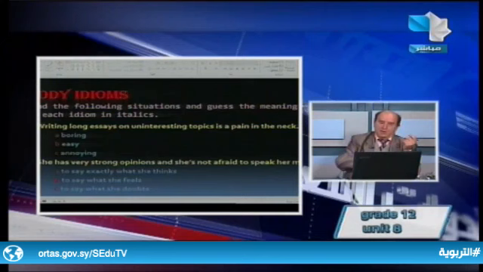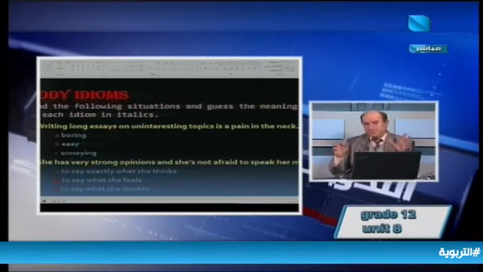Very nice. Thank you very much. These are the main new vocabs in the text.